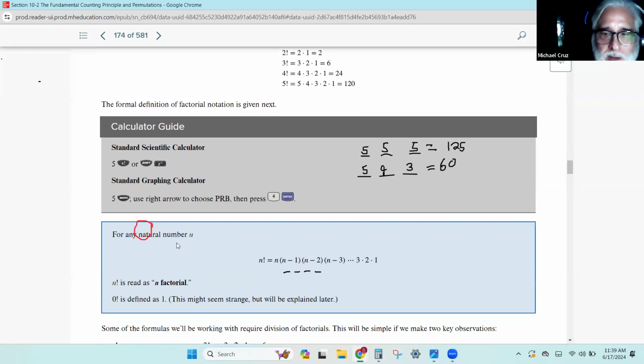On your calculator, it's buried under the PRB button, but it's there.